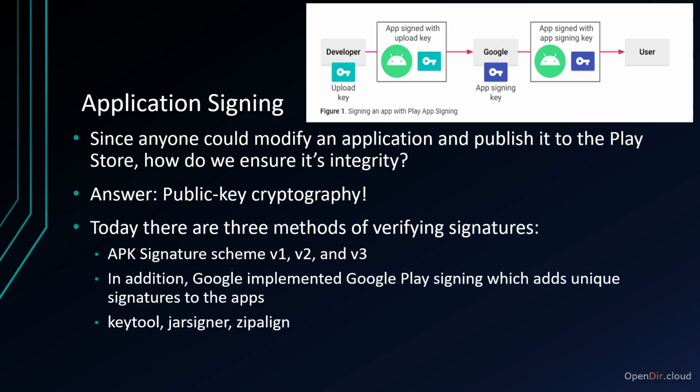Keytool will help us generate keys to sign the application with. Jarsigner will actually execute the signing, and Zipalign will zip up the entire application and make sure that it's meeting all the specifications and that everything is aligned properly for the application to run on our Android phones.